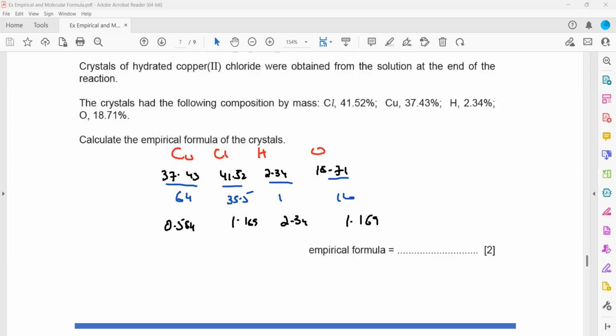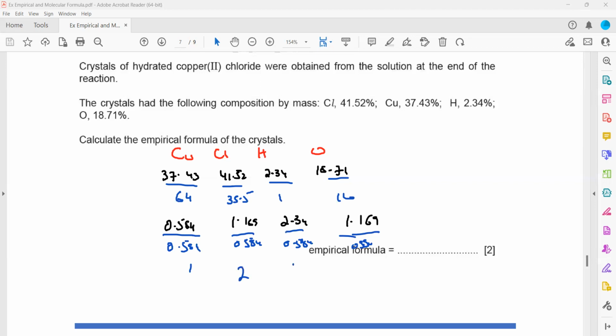Then we divide by the smallest value in the combination, which is 0.584. So divide all of them by 0.584. 1.169 divided by 0.584 will be 2.000.